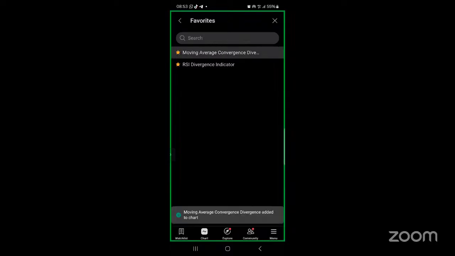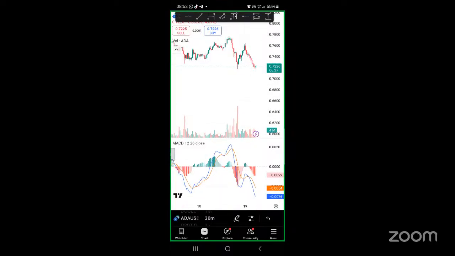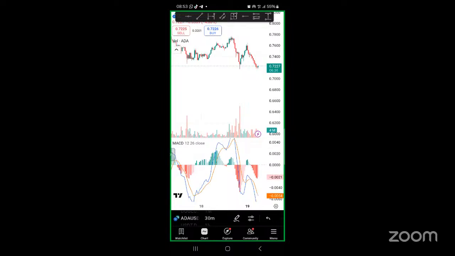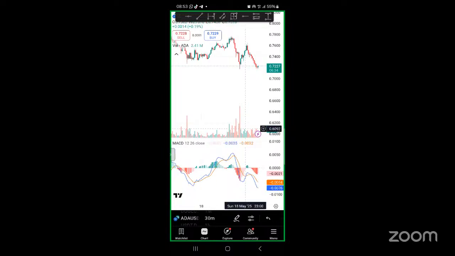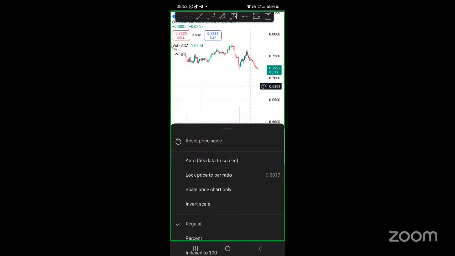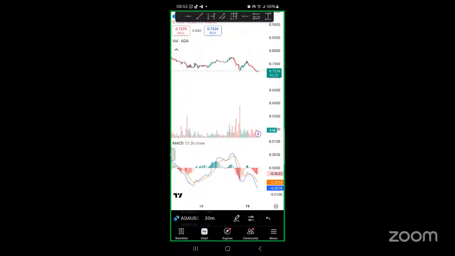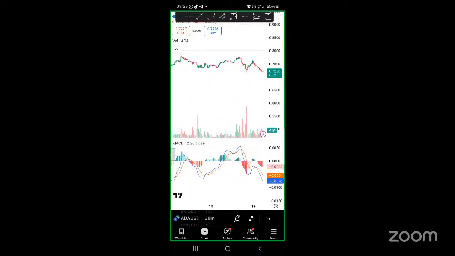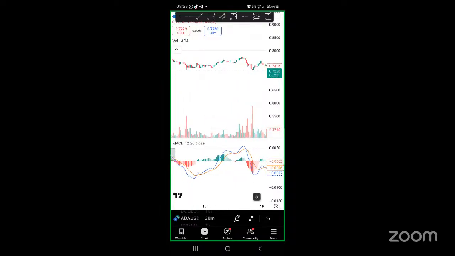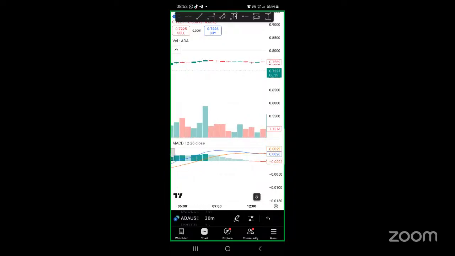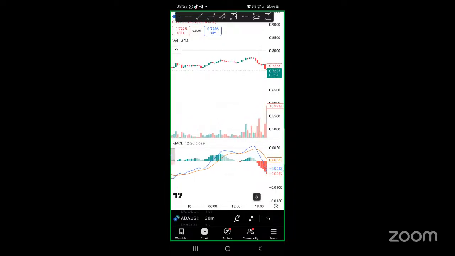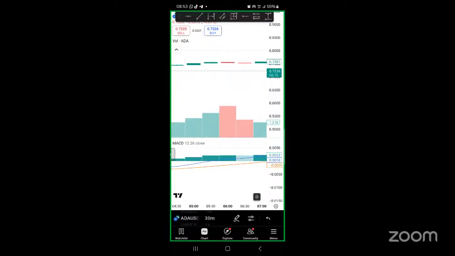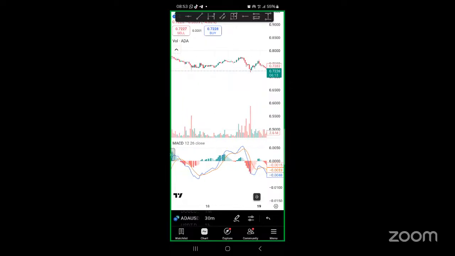All right. So our indicator is added on the chart, as you can see here. Now, this indicator has mainly two features that you need to understand. Feature number one are these two lines, the blue line and the orange line.